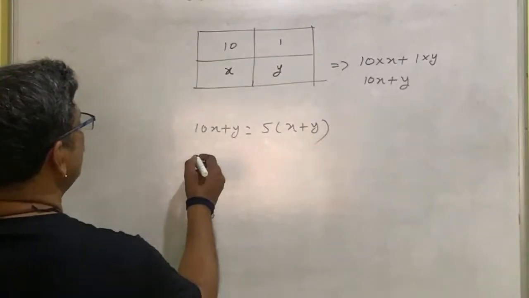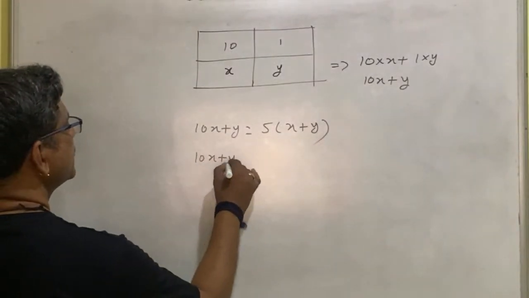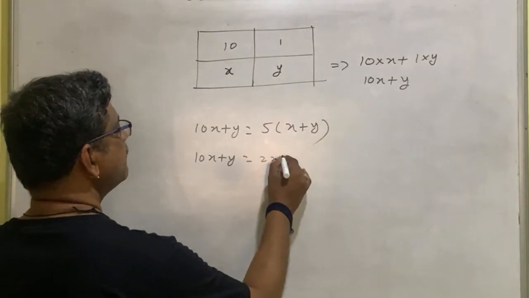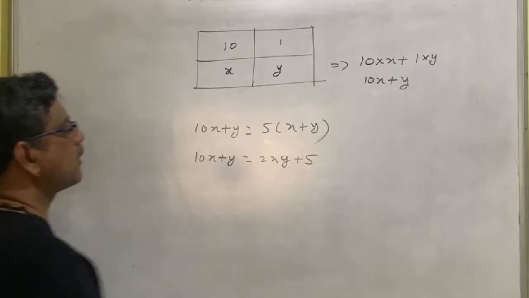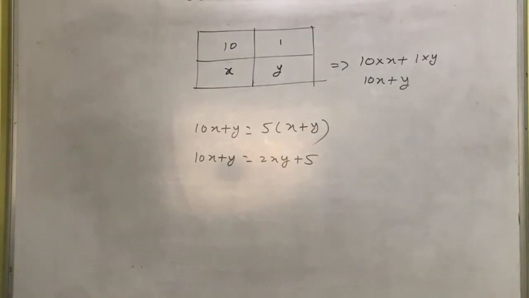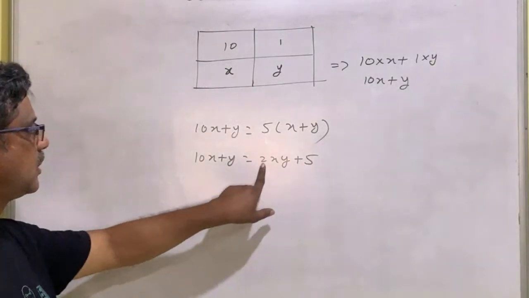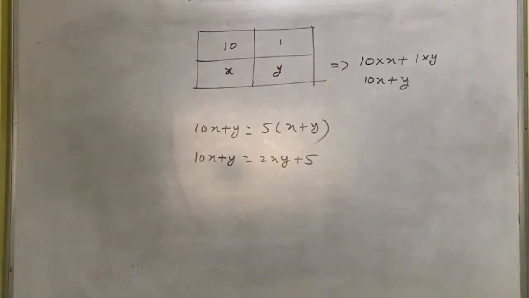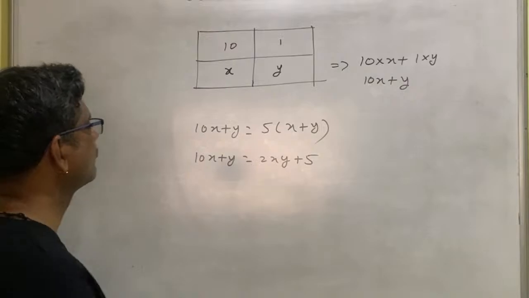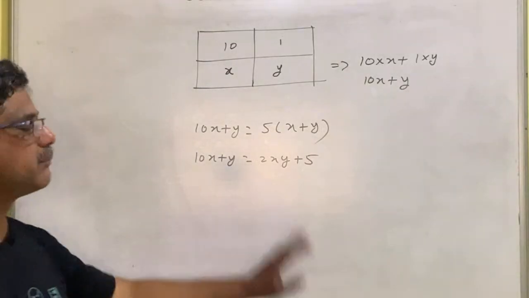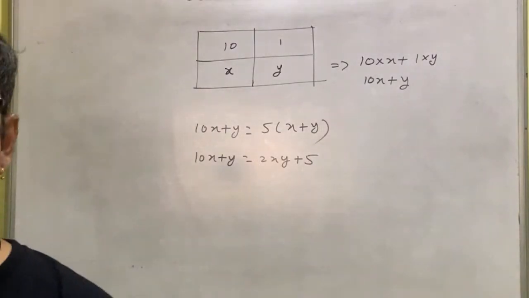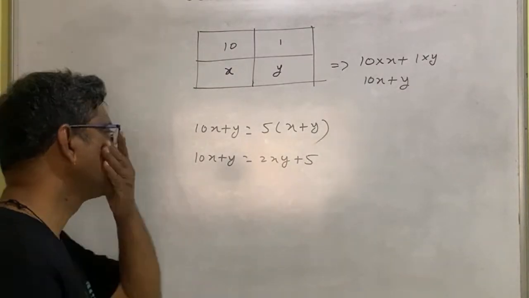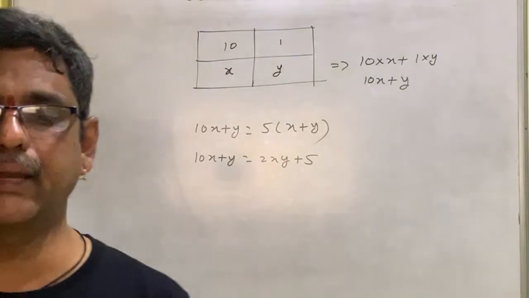Again the same 2-digit number is 5 more than twice the product of its digits. Okay, na? Now we need to solve the problem and find the 2-digit number. Okay, how to do this? Anyone?